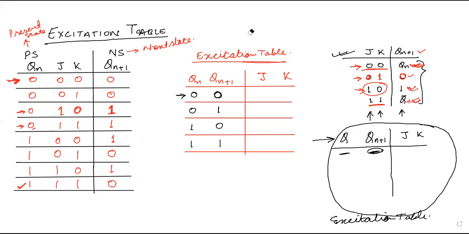We have the present state, 0 1, we have the next state. So in the case the next state will be equal to 0, present state, next state, we are getting 0 here, here, here, and here.